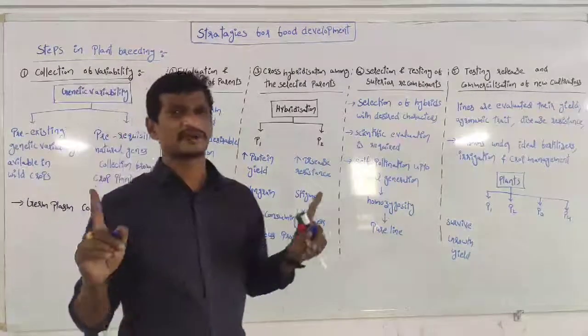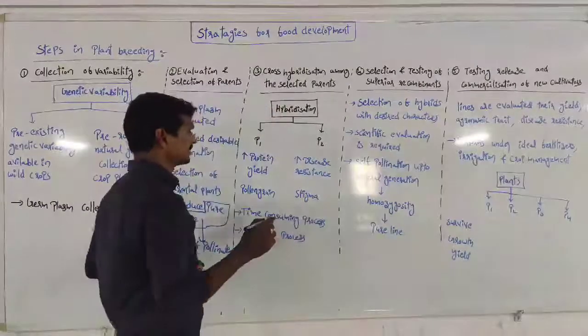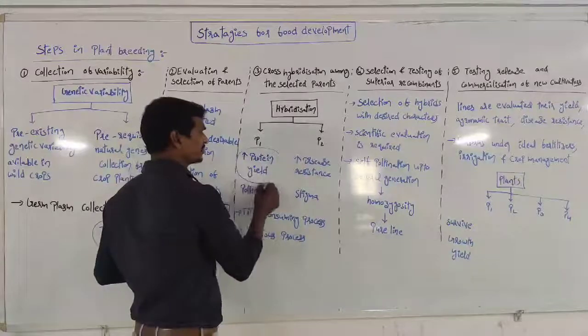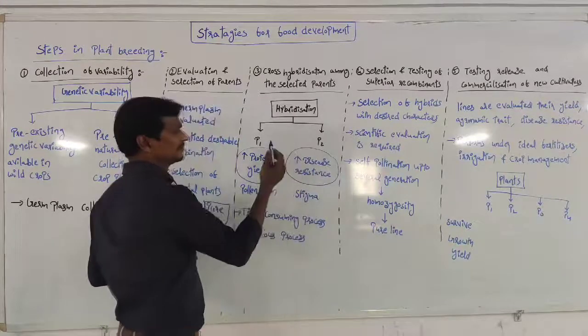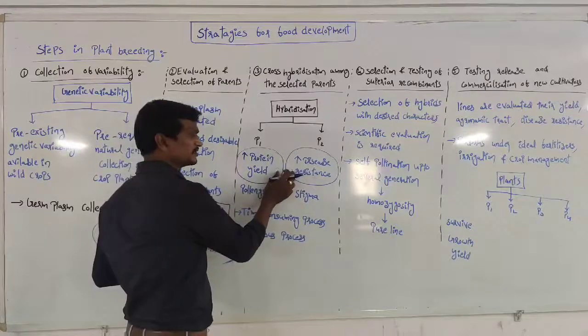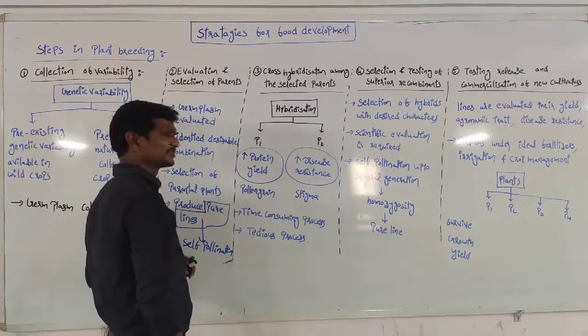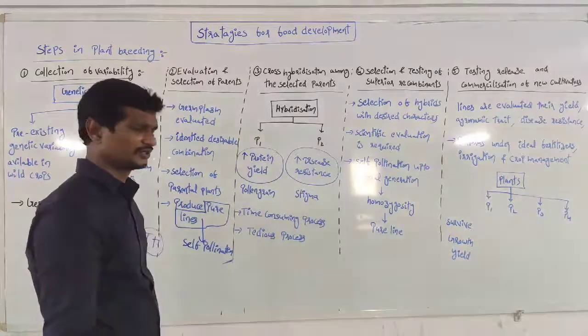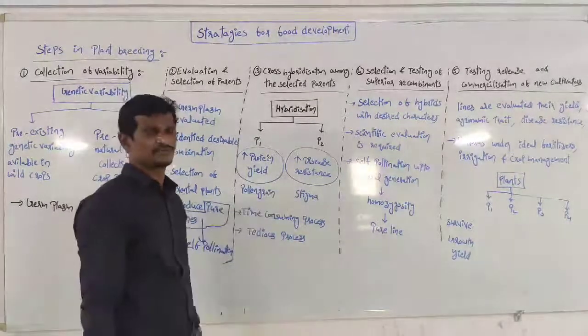Whatever plants we have selected, plant 1 and plant 2, two plants are selected. See, according to the NCERT, one has high protein yielding capacity, the other one is highly disease resistant. Two different plants. We are doing hybridization between these two plants. So how are we doing hybridization? See, one of the plants is considered as the male plant and the other plant is considered as the female plant.